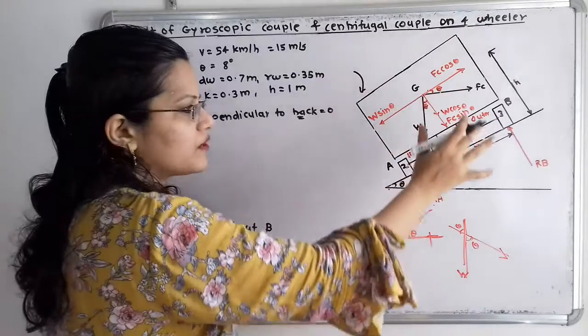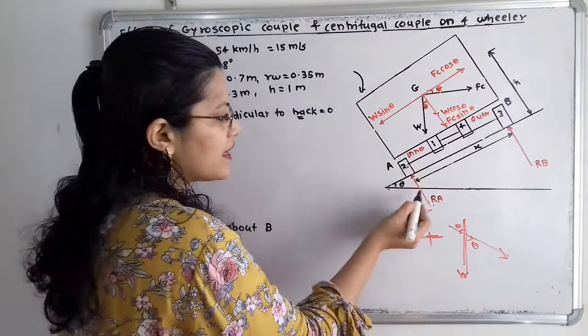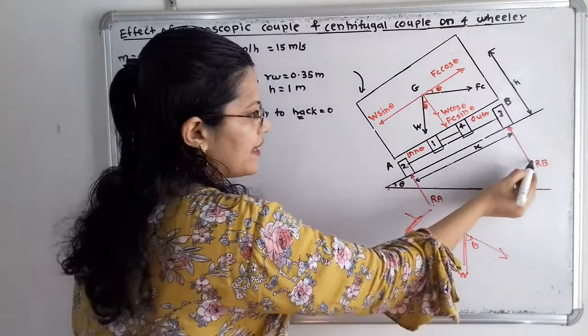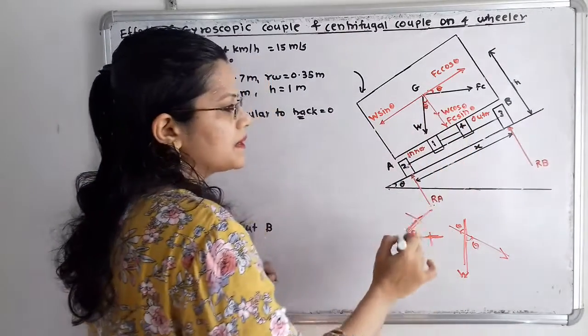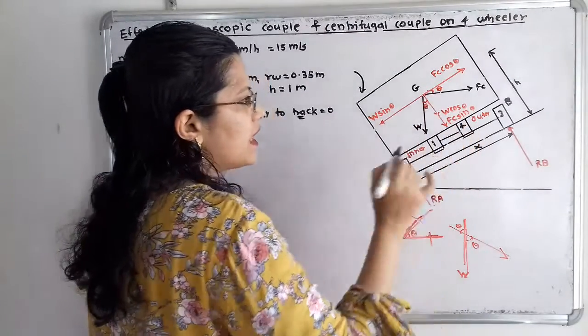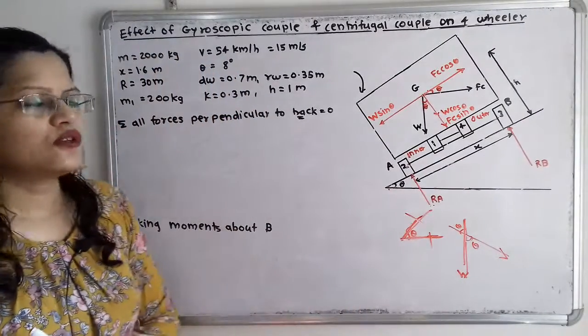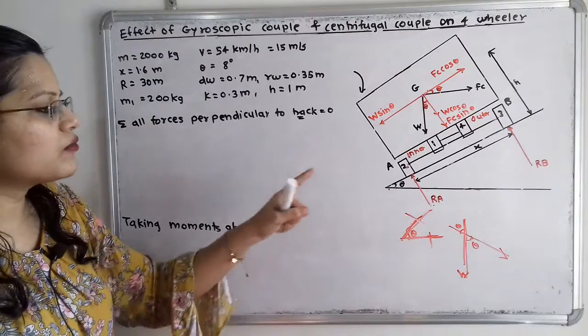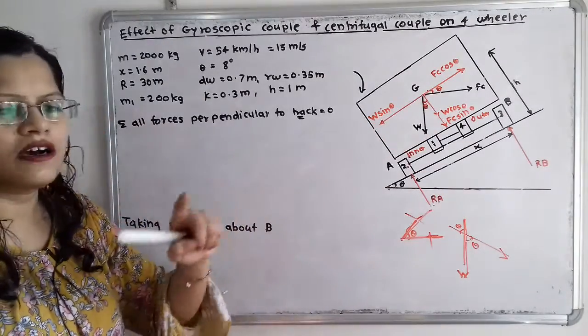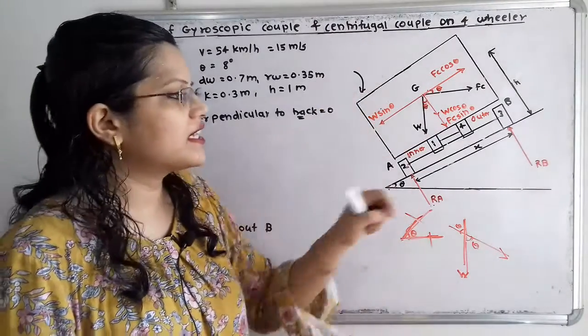So just by observation, RA is perpendicular to the track, RB is perpendicular to the track, W cos theta is perpendicular to the track, and Fc sin theta is perpendicular to the track. So we have to take the summation. Now these forces are in the upward direction and downward direction.